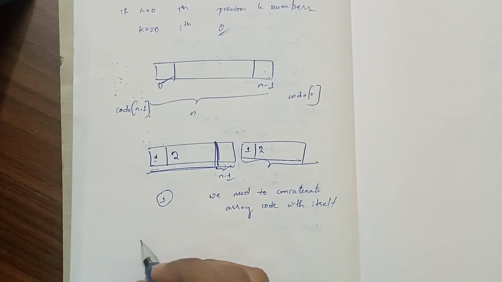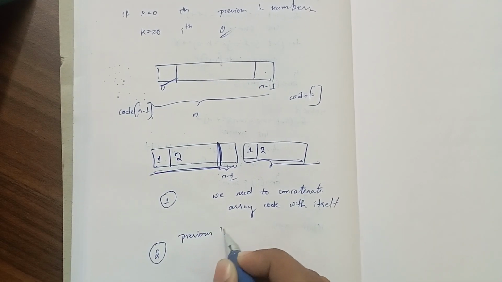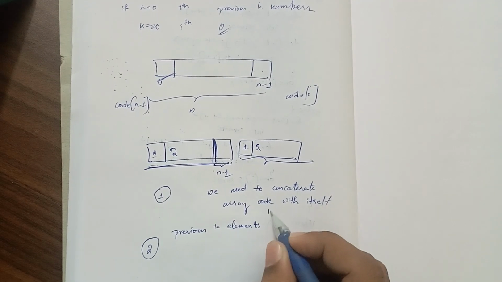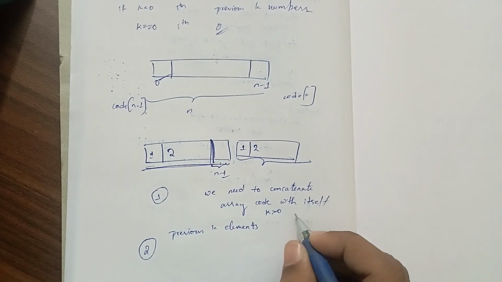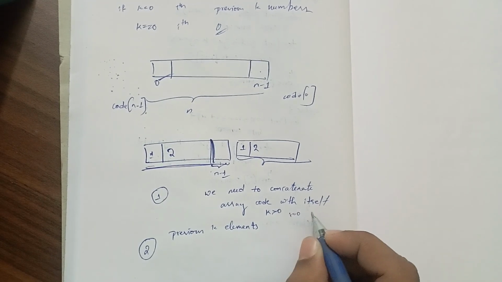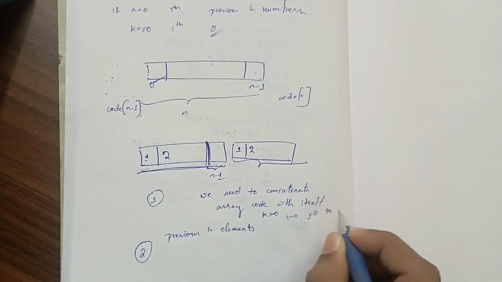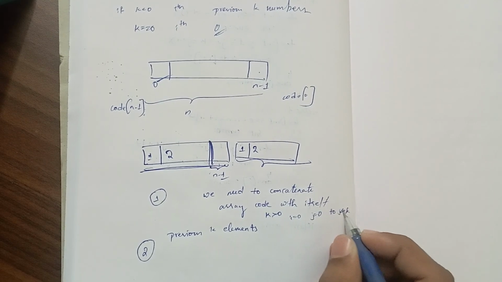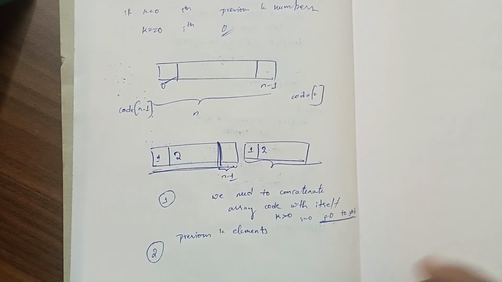So how will we find the previous k elements? For k greater than 0, we will be running a loop. If i is equal to 0, then we will be running a loop from j is equal to 1, j less than or equal to k. From this we will derive our sum and push it back into our answer.